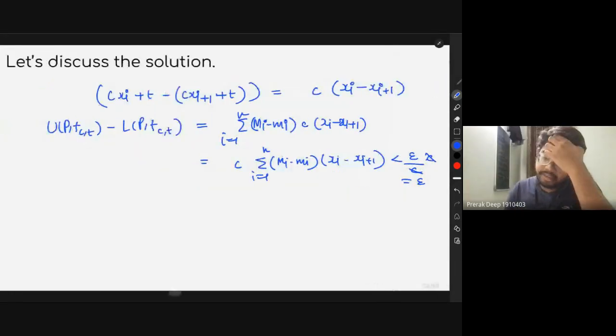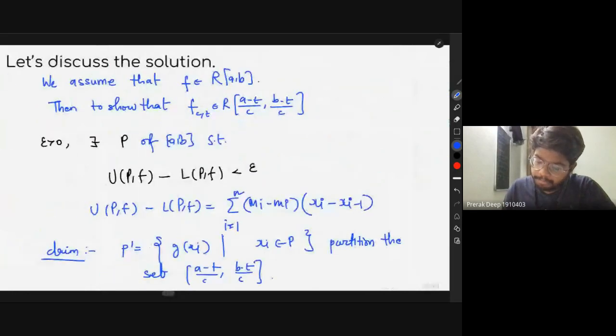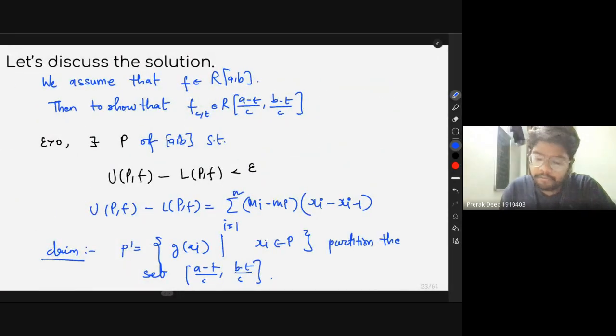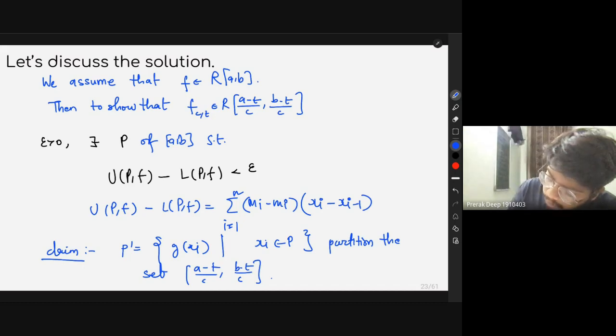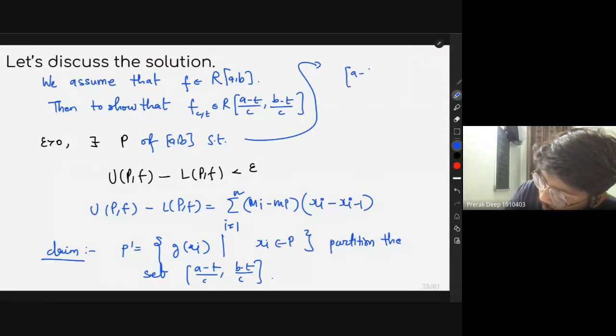So in the previous case, I think there is a mistake. We started with the assumption that AB is a partition of P. Now we need to consider the inverse map of G, a map from A minus T by C, B minus T by C to this interval.